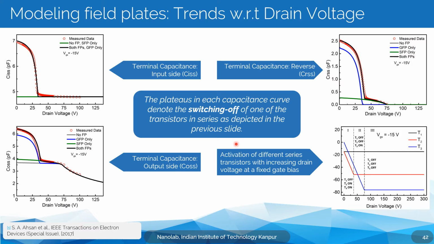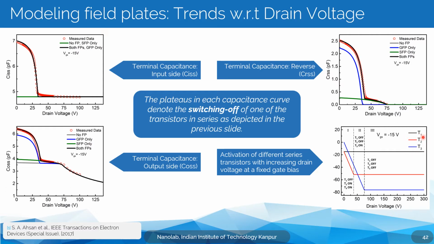So the first thing we'd like to see is this graph, which talks about the 3 transistors we discussed. T1 is the intrinsic transistor, T2 is the second transistor, and T3 is the third transistor. T2 and T3 are basically the field plates modeled as transistors.